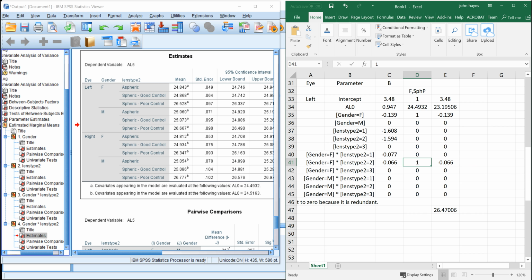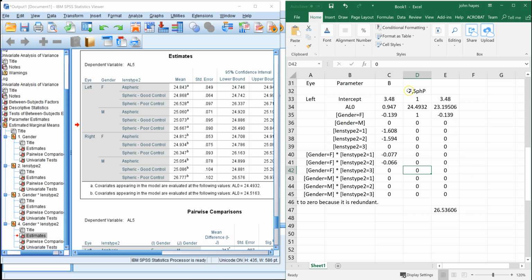You come down here, nothing is contributing, so we give that a 0. And when you sum, really the only thing that goes into this equation is the intercept, the baseline value, and if you're a female, you are shortened by 0.139, and so your final answer is 26.53. We come over here and we see we have 26.53. So that's pretty close too.